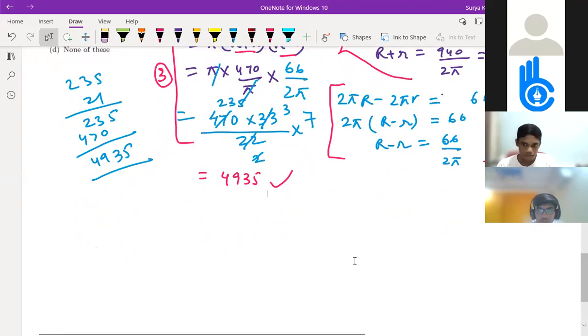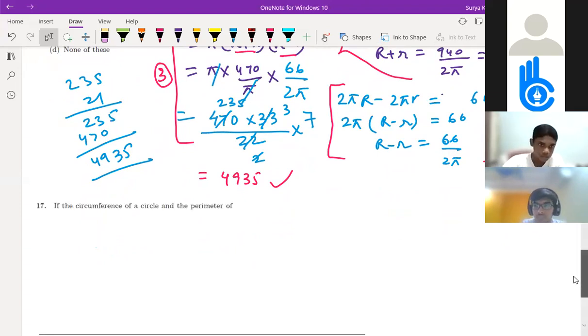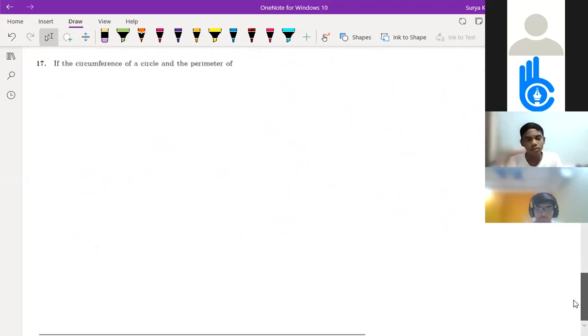Sir, 17th question. Okay. This is very interesting actually. Someone has sent me this same question on WhatsApp; a school teacher was asking in the group what the answer is.